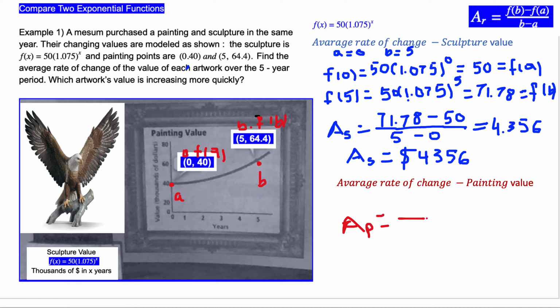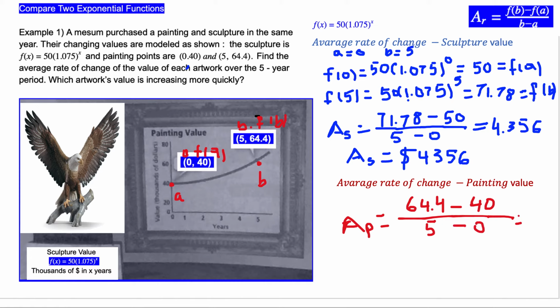F of b is 64.4. The sign is a minus, and f of a is 40. When they bought it, the painting was $40,000. It was cheaper than the sculpture. And here b is 5 minus 0.